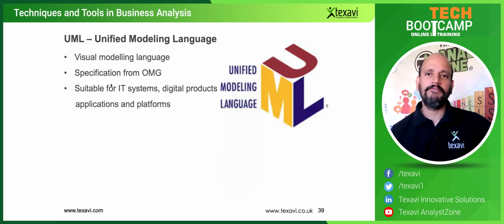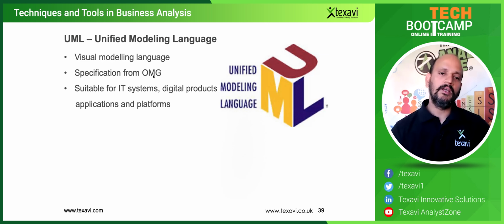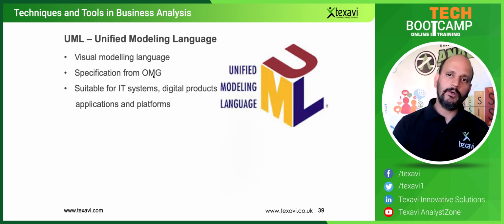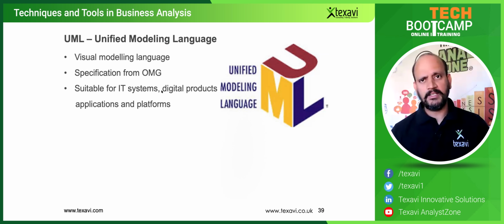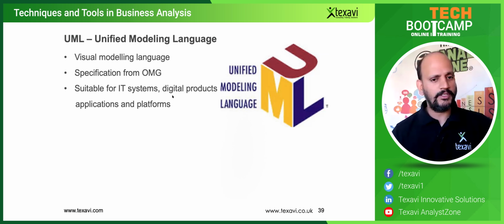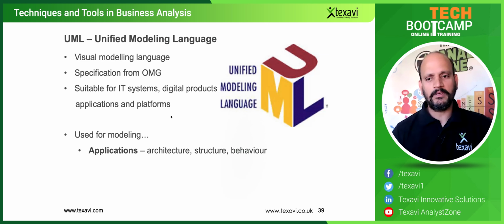This is actually a specification from OMG. It was originally done by the Three Amigos, as they're called, and then it has been taken over by the Object Management Group. It's good for any kind of IT system, application, mobile application, digital product, anything to do with platforms. It's a fantastic language for that. And what do we use this for?